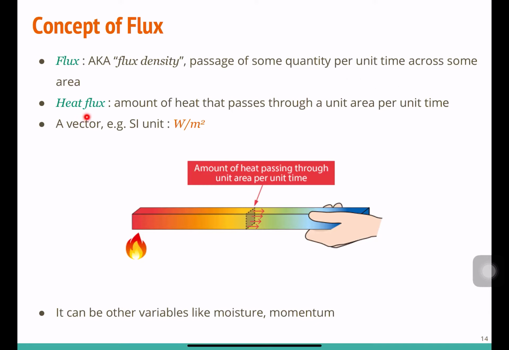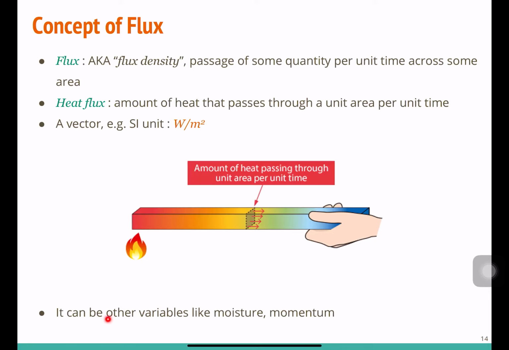Okay, so for example, heat flux is the amount of heat passing through a unit area per unit time. So it's a vector because it's passing through in one direction, right? The unit of heat flux is watt per meter squared.